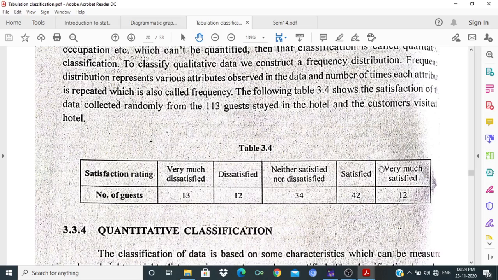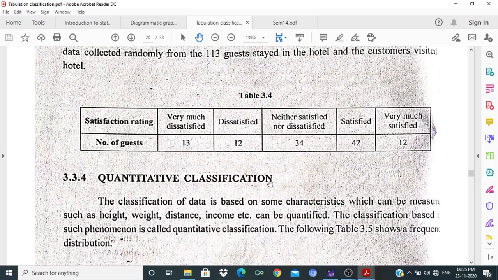We cannot measure these satisfaction levels in the form of figures. We can classify them in the form of quality. There are 5 stages. Very much satisfied is the highest stage. Very much dissatisfied is the last stage.